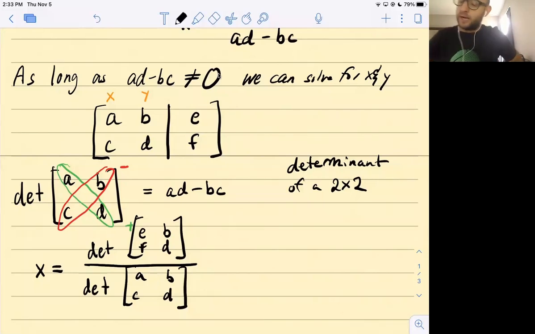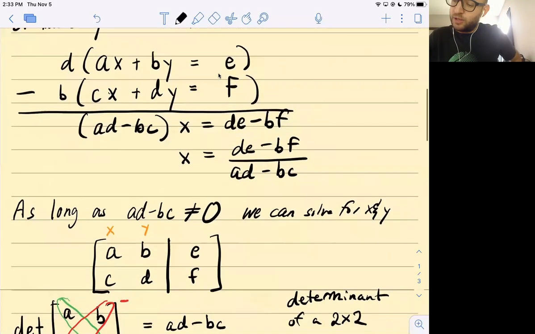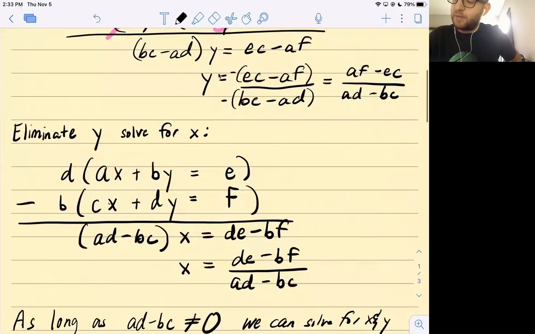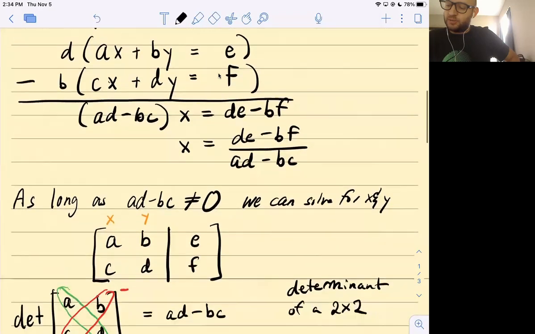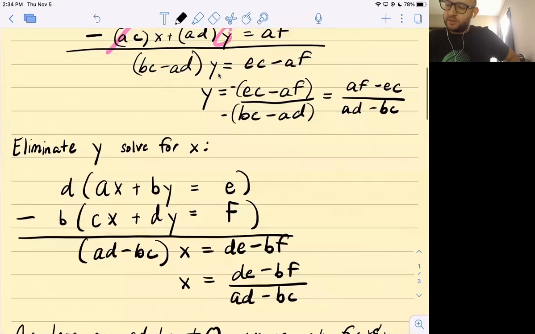Let's try it out for Y. Let's see if it works out. For Y, the denominator is AD minus BC, which is the regular determinant, and the numerator is AF minus EC. So F replaced B, right? Because this would be, oh, sorry, F replaced D and E replaced B. Let's take a look at that and just double check. Wait a second.